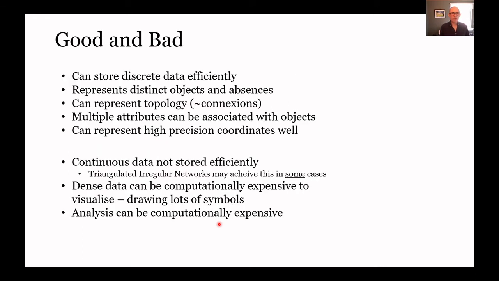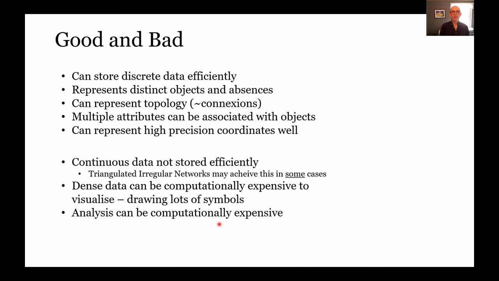And then just to finish off, summarizing the good and the bad, we have the discrete data where we can store that efficiently. If you remember, the problem with raster was that we have to fill up every single cell over an area. We have to fill it all up, and if nothing's happening, we just have to say nothing here, nothing here, nothing here.